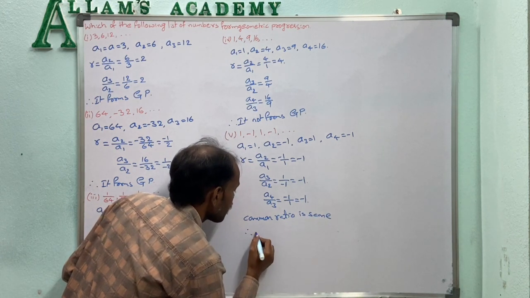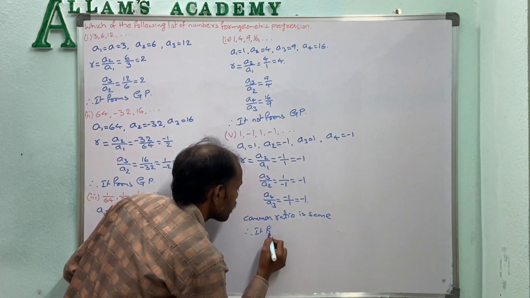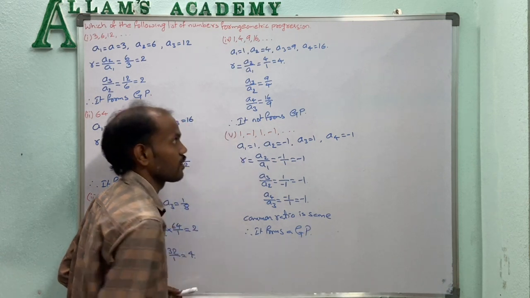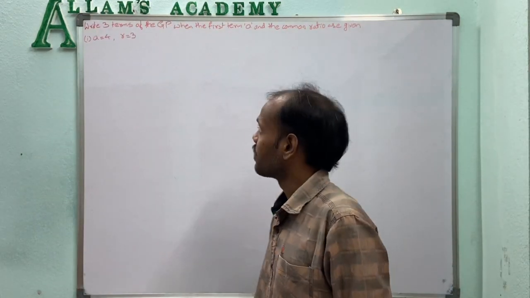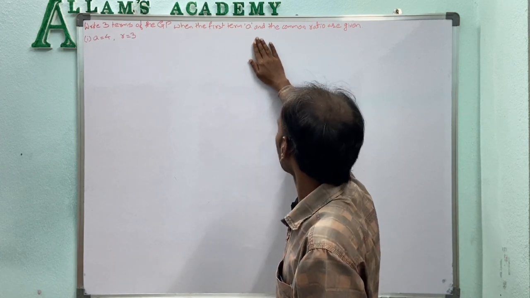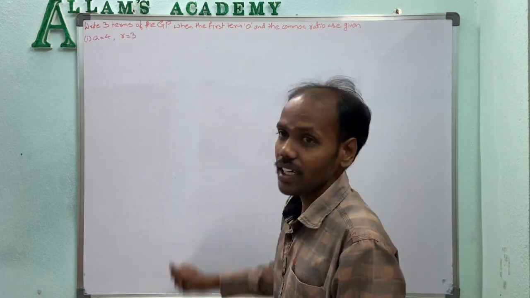Therefore, it forms a geometric progression. Here, write the three terms of the geometric progression when the first term a and the common ratio are given.